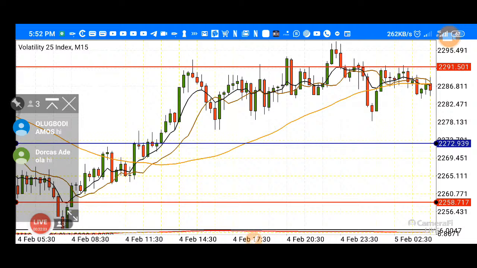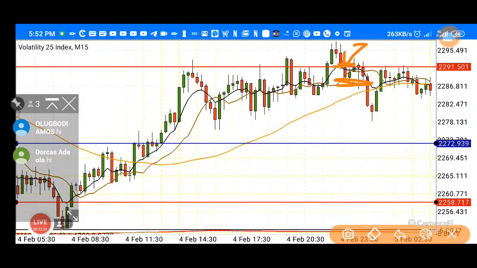When you enter for a buy after this retest, once you enter for a buy, you place your stop loss below this resistance, and you place your TP above.